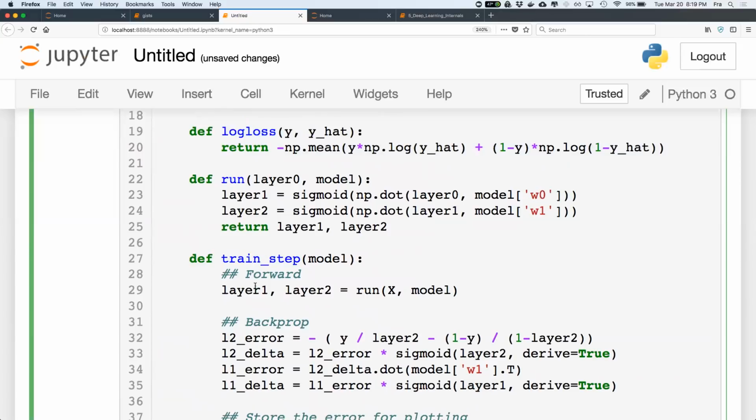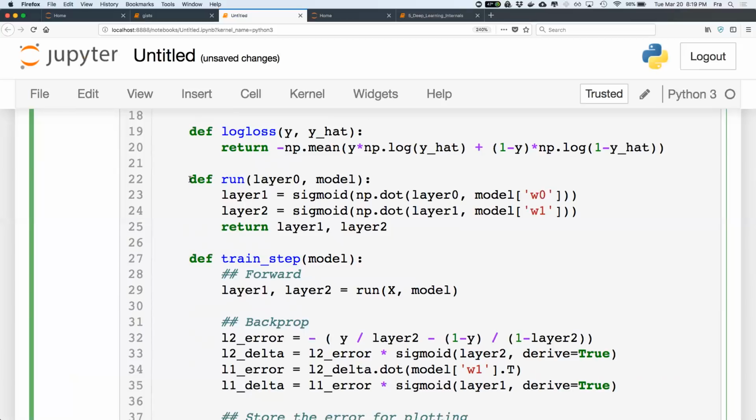Notice that I'm also setting the biases to 0 and not using biases in this particular version. So run does the forward propagation. It takes layer 0, which is the input, does a matrix multiplication with the weights of the first layer, applies the sigmoid, this is layer 1, and then repeat that, and that's layer 2. And I return both of them.